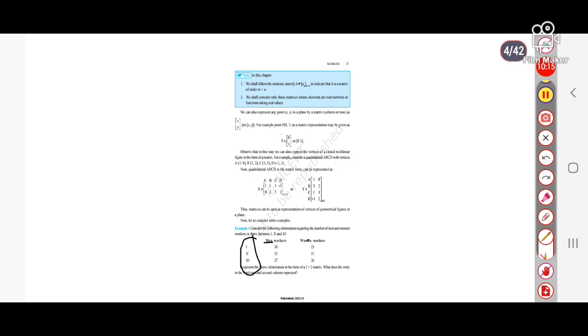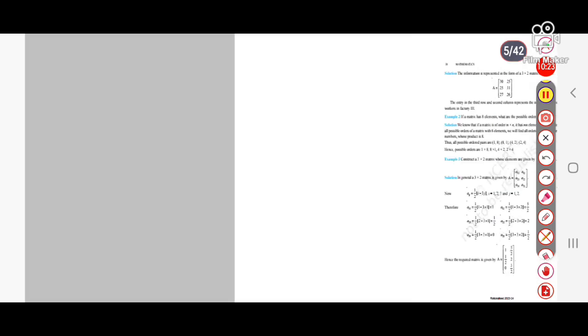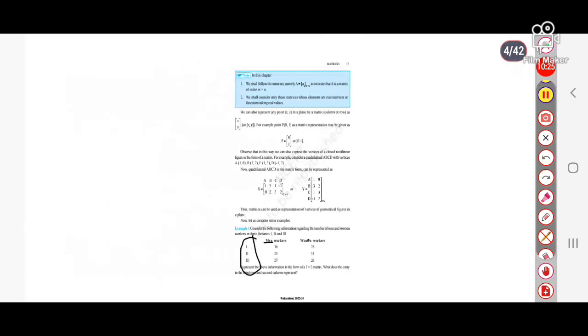What does the entity in the third row and second column represent? General representation of the given information in the matrix is to be done in this question, as they have given 30, 25, 27 as the men workers in each factory and 25, 31, 26 as the women workers in each factory.